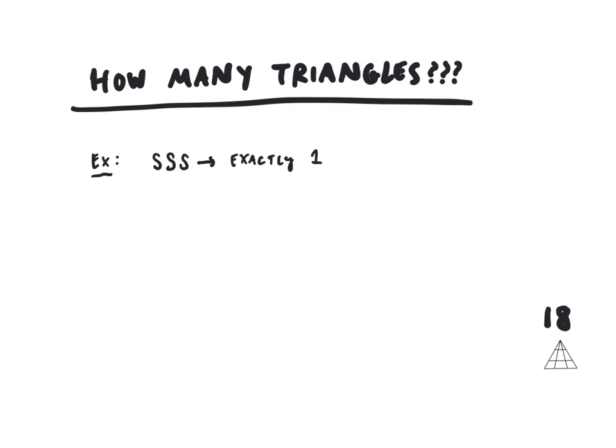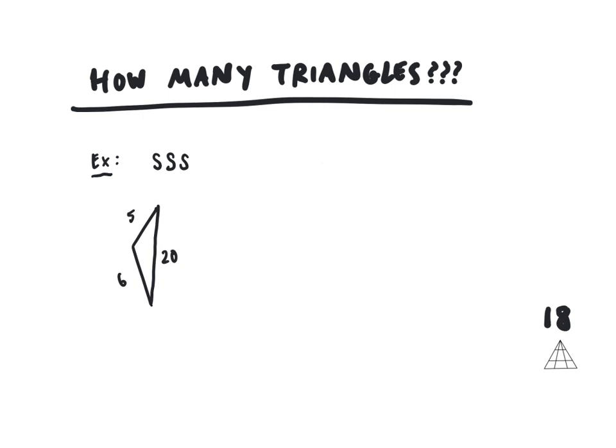However, it's not always the case that, given any three numbers for sides, you would form one triangle. In fact, it's possible you could not form a triangle at all. As an example, if I were to give you three sides in a triangle and say, hey, they're 5 and 6, and then the other side, that one's going to be a 20, you'd say, no, this doesn't form one triangle.